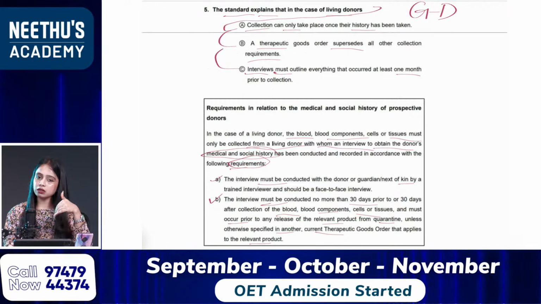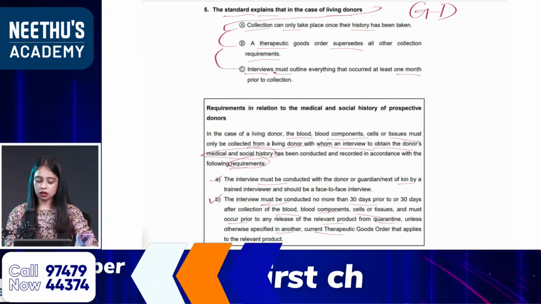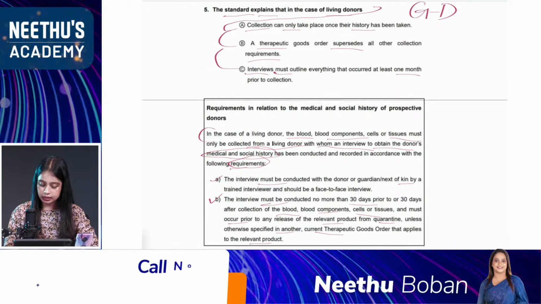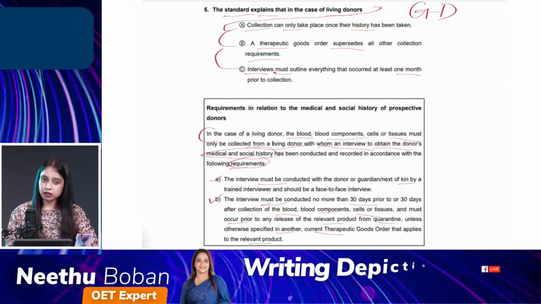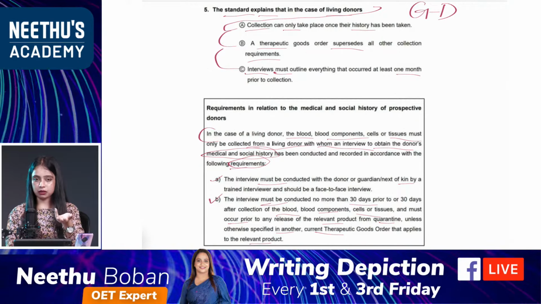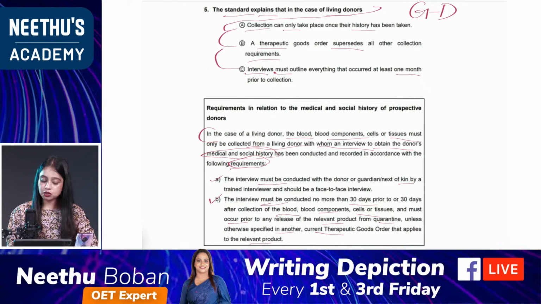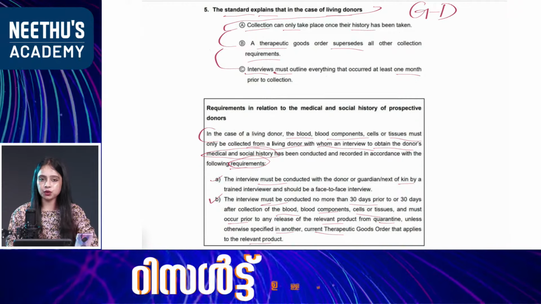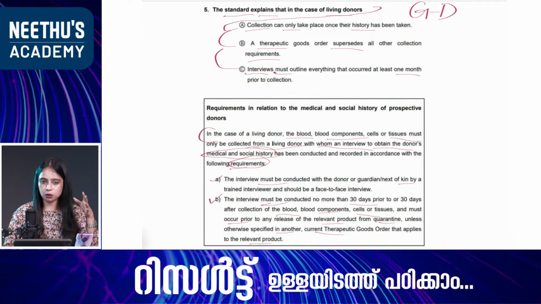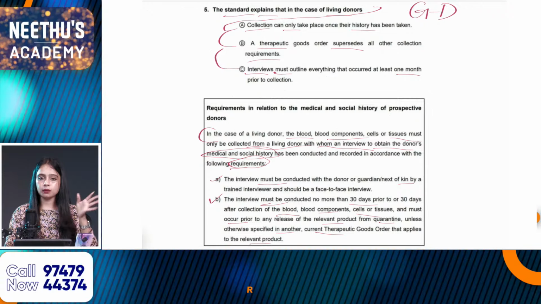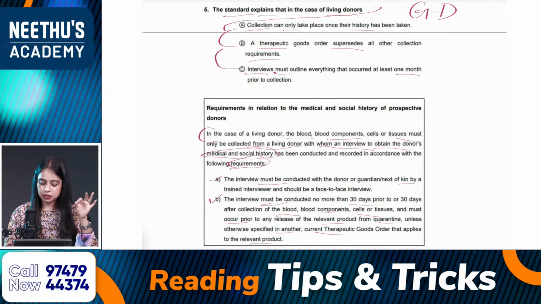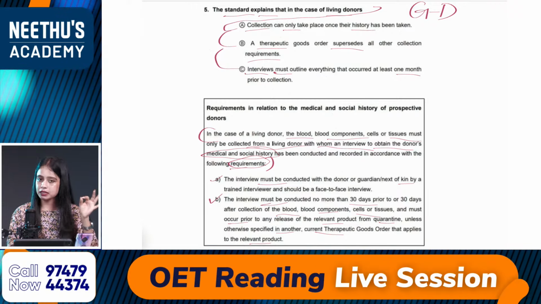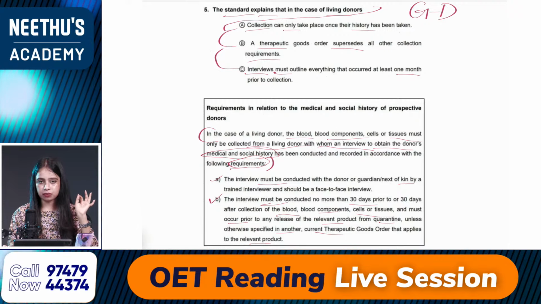These two details collected, you can go for the collection. So in case of a living donor, that is what is mentioned in the first paragraph. The blood components, cells or tissues must only be collected, which means it is compulsory. You should collect it only after conducting an interview and collecting the details about their medical and social history. Then you can collect these things. So how can we eliminate option A? We can't eliminate option A because collection can only take place once history is taken, exactly as the first paragraph says.